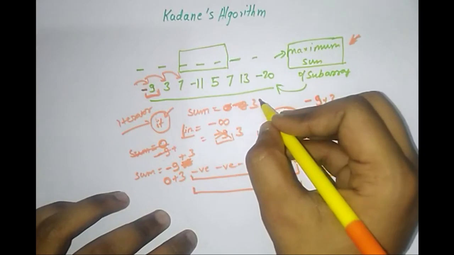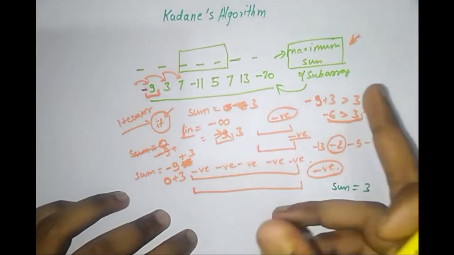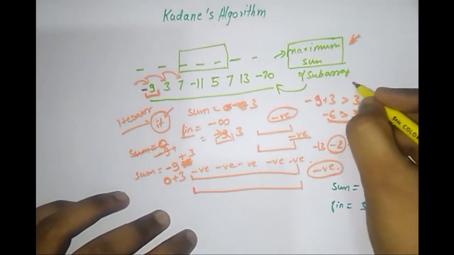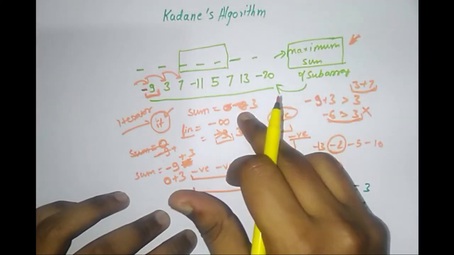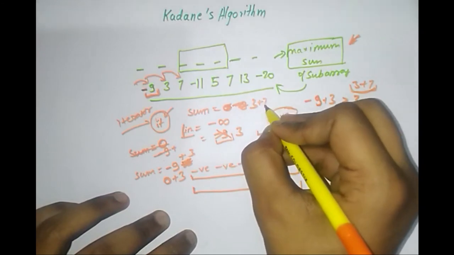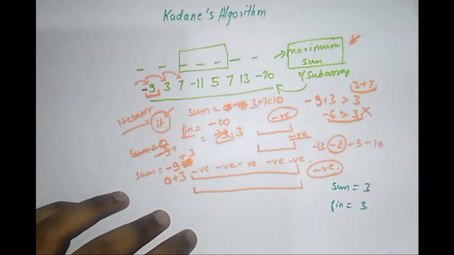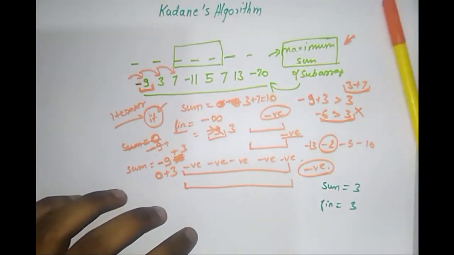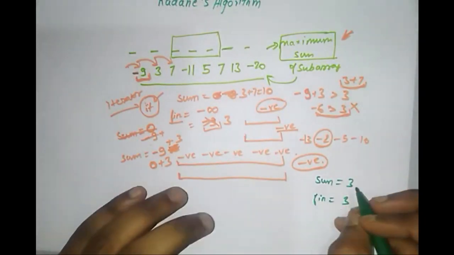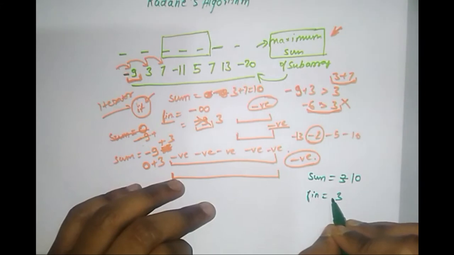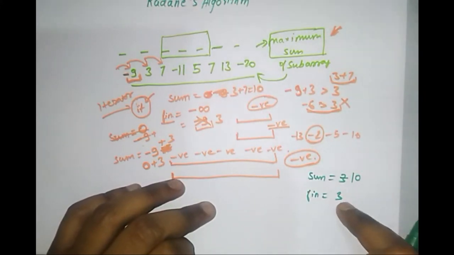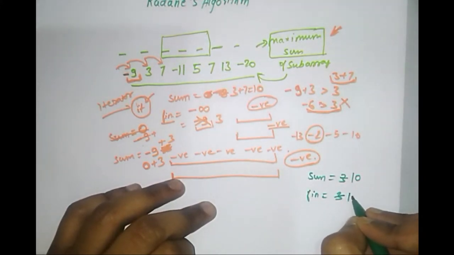Is 3 greater than 3 plus 7? No, 3 plus 7 is greater, so we substitute sum as 3 plus 7, which equals 10. The value of final will be the maximum of final and sum, so it is also 10.